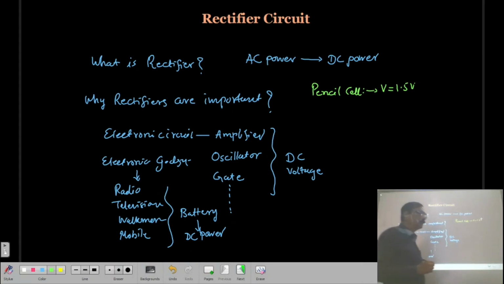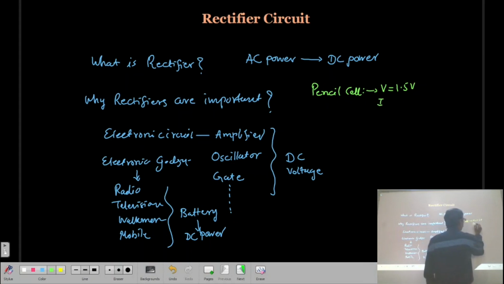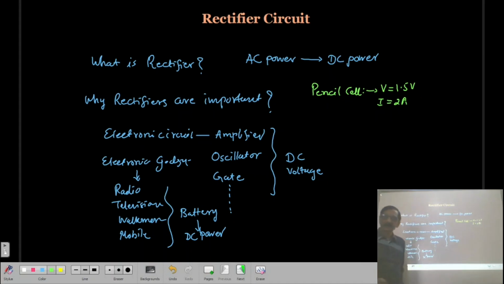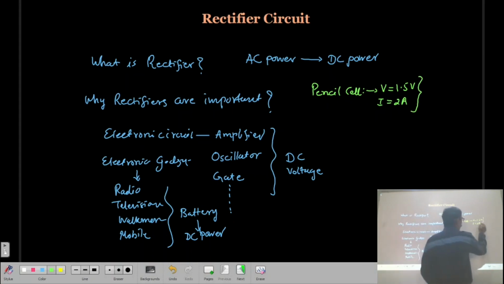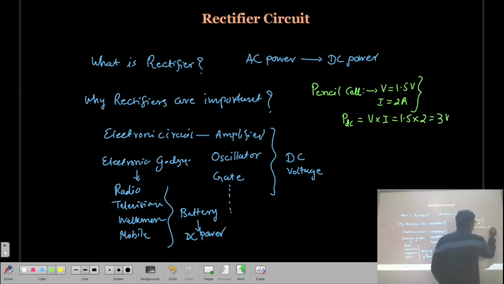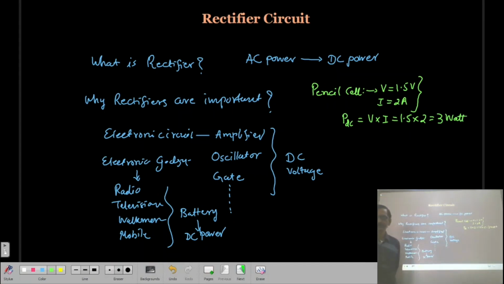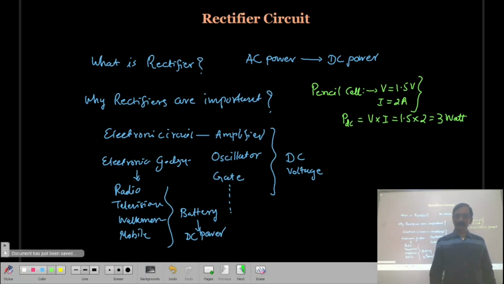And what is the maximum current capacity? If we have a fresh battery, then it can provide a current up to 2 ampere. So if I calculate the DC power, DC power means V into I, that is 1.5 into 2. So here you will get 3 watt of DC power. One pencil cell will provide 3 watt of DC power.